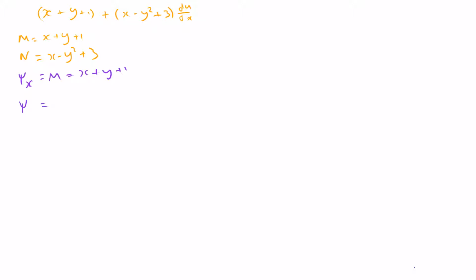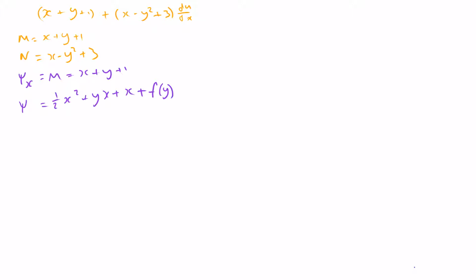So x integrated with respect to x is a half x squared plus yx plus x, plus we've got to remember a constant, but because it was a partial differentiation, it could be a function of y. So we're going to put f of y as our supposed constant.